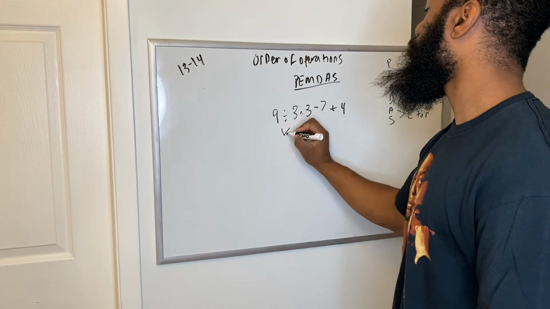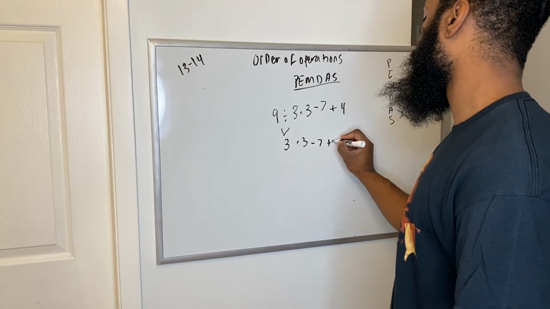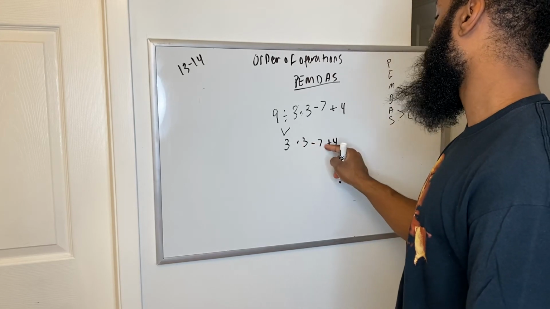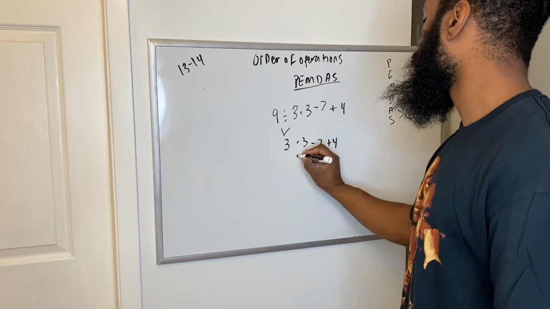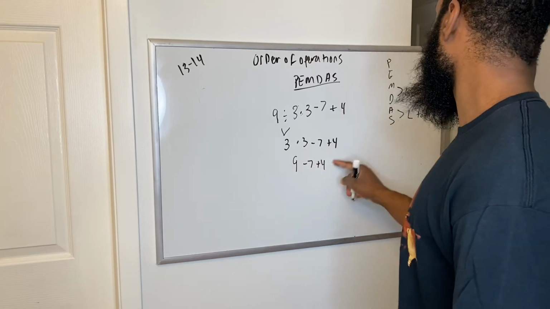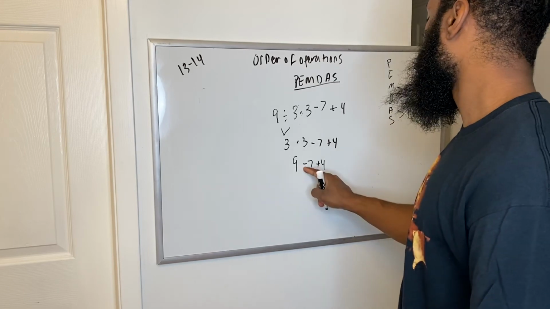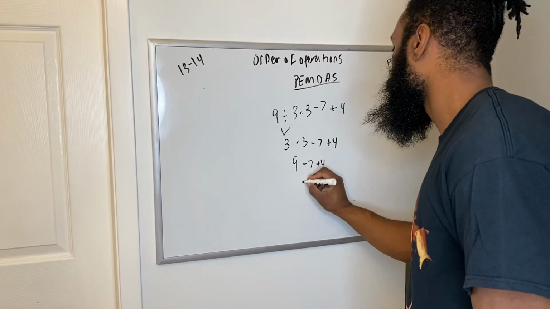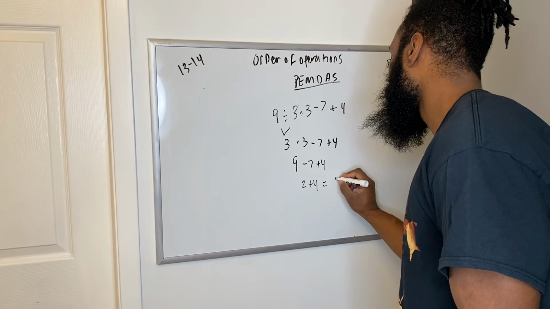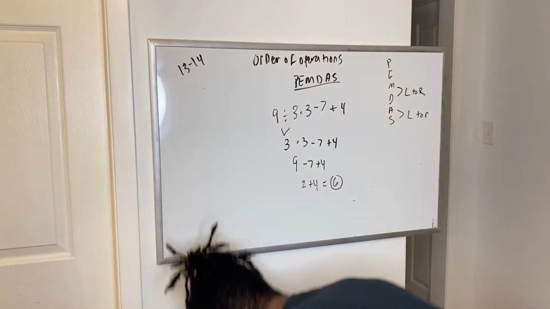So 9 divided by 3 is going to give me 3. Then times 3 minus 7 plus 4. Multiplication comes first. 3 times 3 is 9. Minus 7 plus 4. Subtraction and addition, left to right. So subtraction on the left side goes first. 2 plus 4 gives me 6. You guys do 14 on your own.